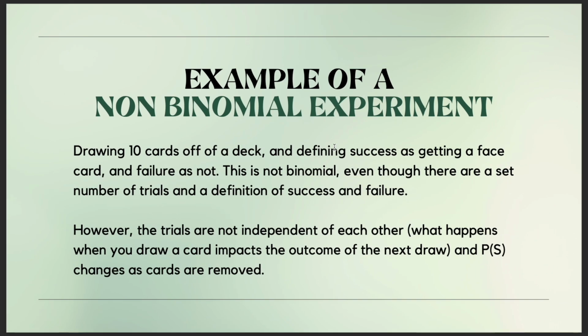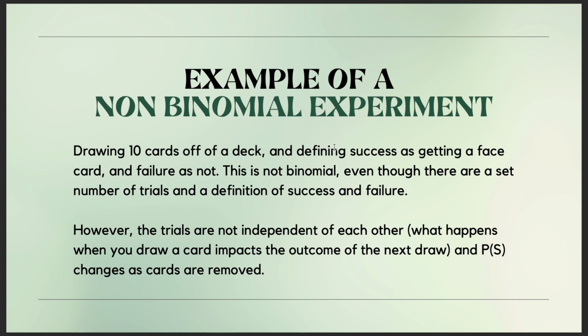Something that's not a binomial experiment would be drawing 10 cards from a deck, and we're going to say success is getting a face card and failure is not getting a face card. The reason this is not binomial, even though we have a success and failure, we have two outcomes, is that every time you draw a card, you skew the number of face cards versus non-face cards in the deck.